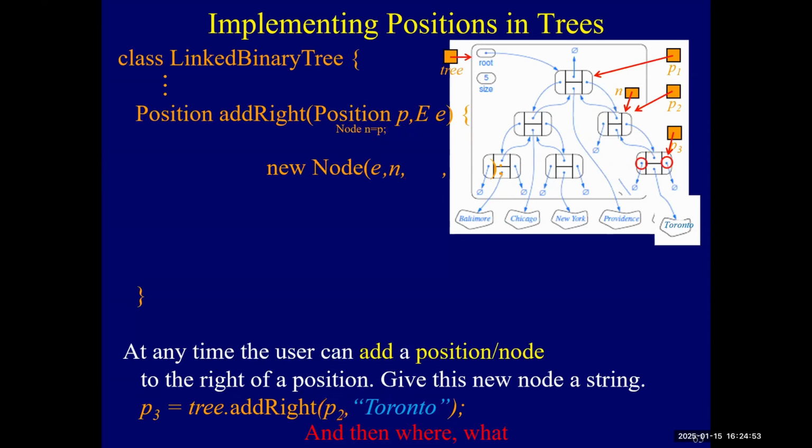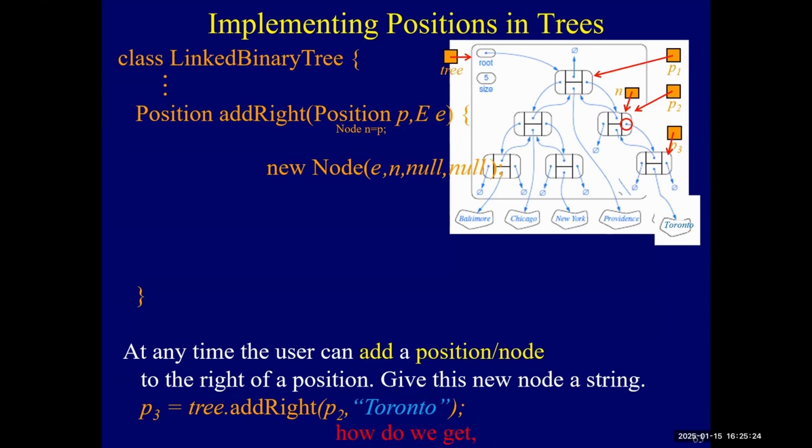And then what are those doing? Those are both nulls. And then we have to get this pointer. How do we get to that spot there? Who's holding this record? Node. Who's holding this node? N is. And n dot right is that little box up there.